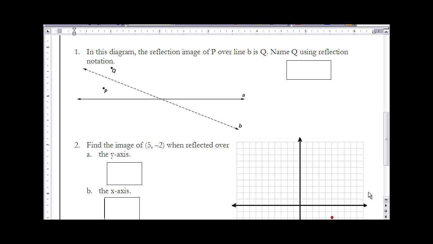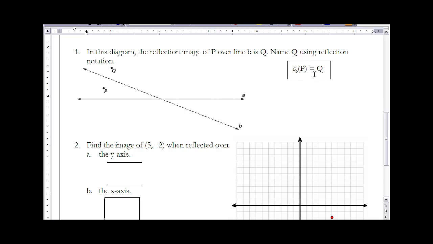So let's take a look at example 1 here in your notes. It says, in this diagram, the reflection image of P over line B is Q. Name Q using reflection notation. So basically we want to refer to point Q as a reflection image of point P. To do that, we're going to write it like this.